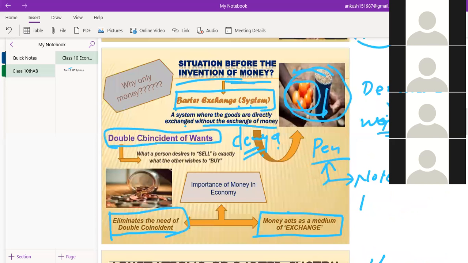Then the situation before the invention of money: we have seen that coins were mostly used as the medium of exchange.